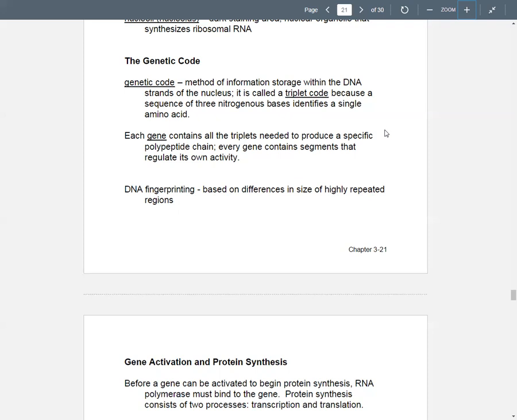And a gene basically has all the triplets that you need to make a specific protein or polypeptide chain. And every gene is going to have different segments that regulate its own activity. So that these segments can regulate what happens to that gene itself.